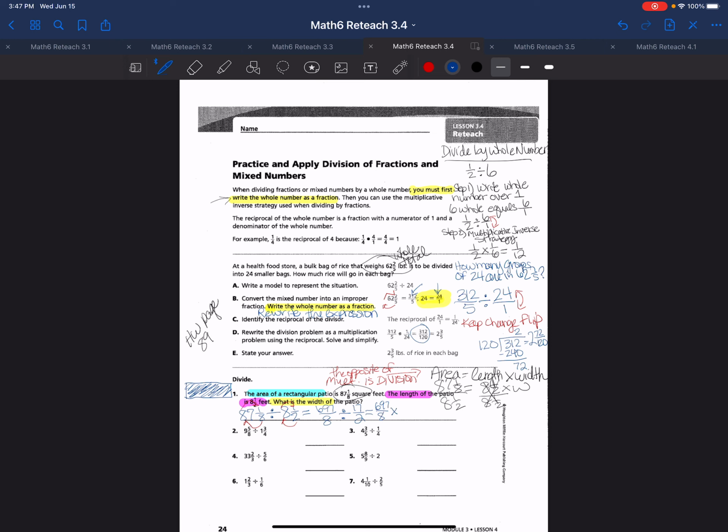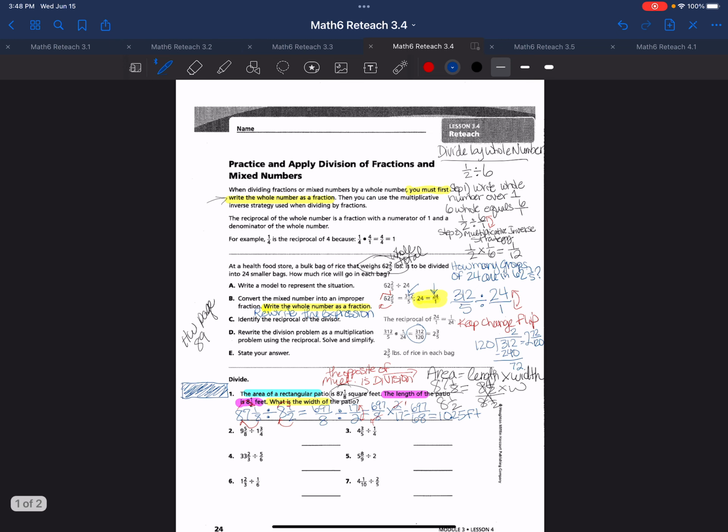So change the sign, and then we take the reciprocal of 17 halves, which is going to be 2 over 17. Now I know 2 is a factor that goes into both of these, so that makes it a little bit smaller here. So I have 697 divided by 68, which equals 10 and 25 hundredths of a foot, or 10 and a fourth, which would be my width.